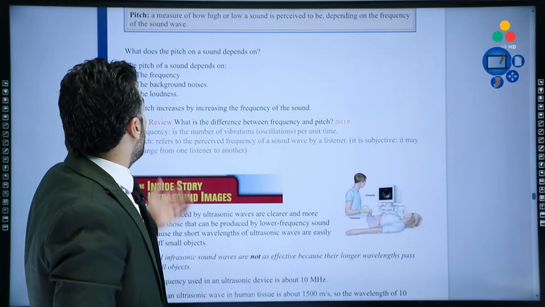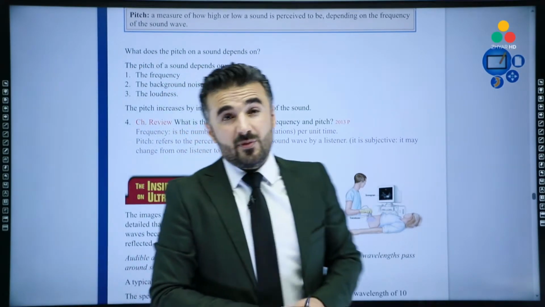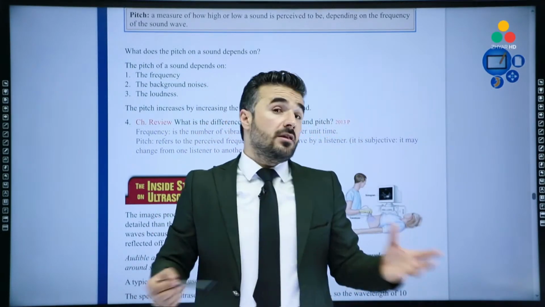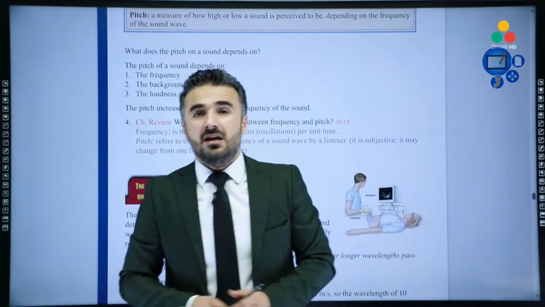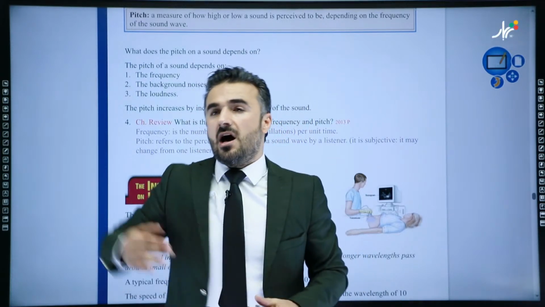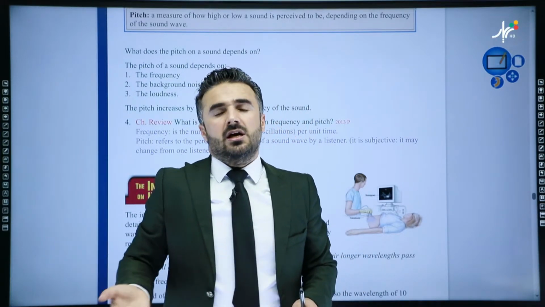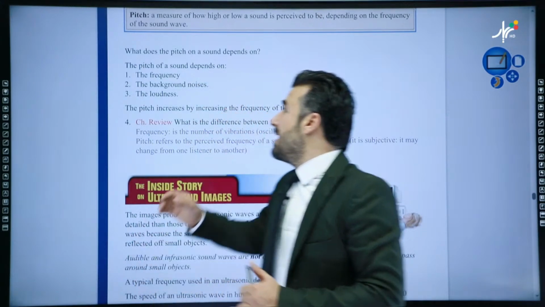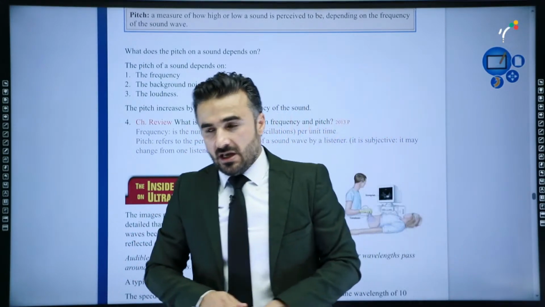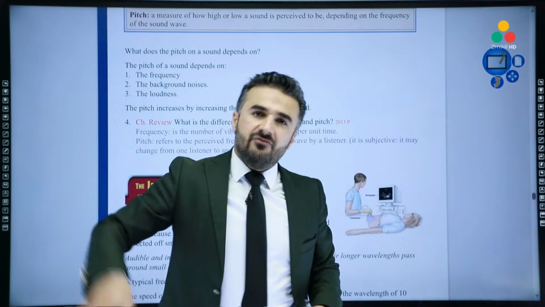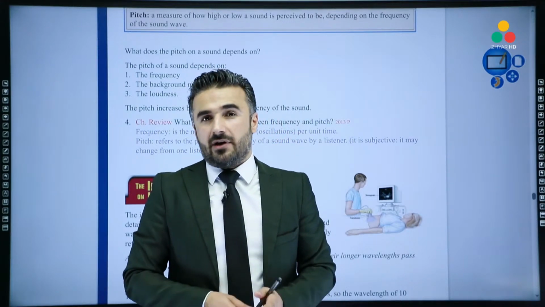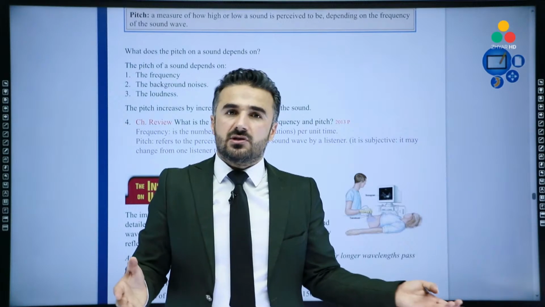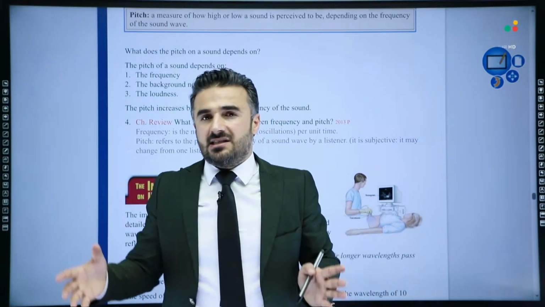What does the pitch of a sound depend on? Remember, there are three factors that the pitch of a sound depends on. The first one, we said the pitch depends on frequency. The higher the frequency, the higher the pitch. And of course, the lower the frequency, the lower the pitch. Second, it depends on the background noise. When there is a lot of noise in the surrounding area, if you're talking, your sound will be mixed with theirs, so you cannot hear that sound very well.